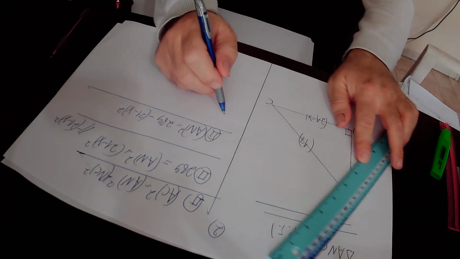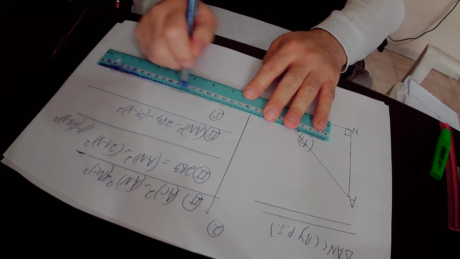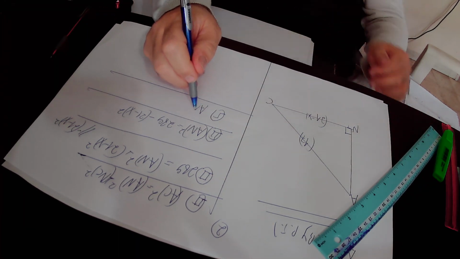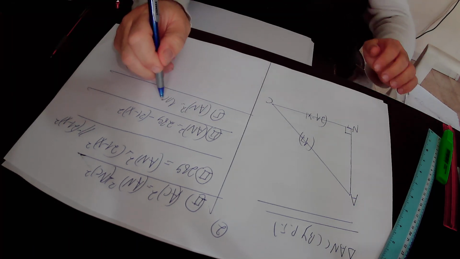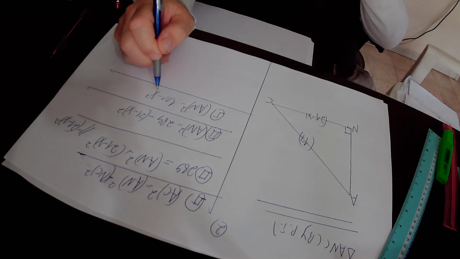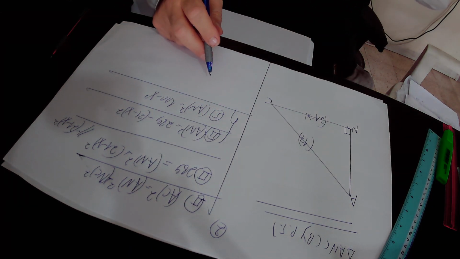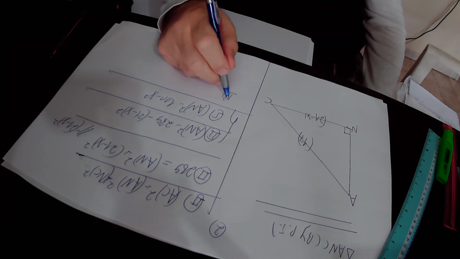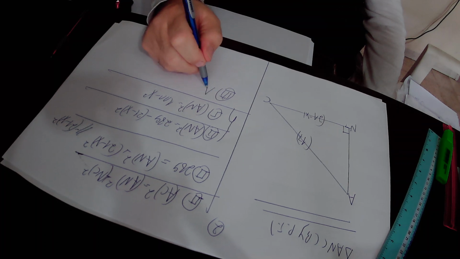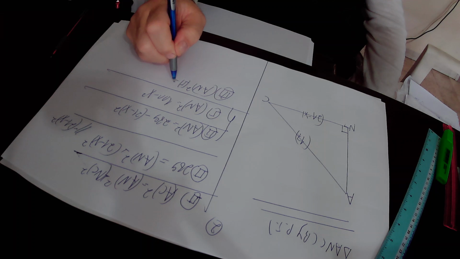Well, according to equation 1, we already found out that AN squared equals 100 minus x squared. So we have two different equations for the value of AN squared. Therefore, we get equation 3, which states that AN squared according to equation 1 must be equal to AN squared according to equation 2.